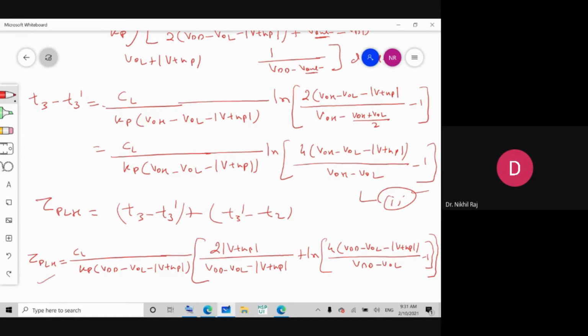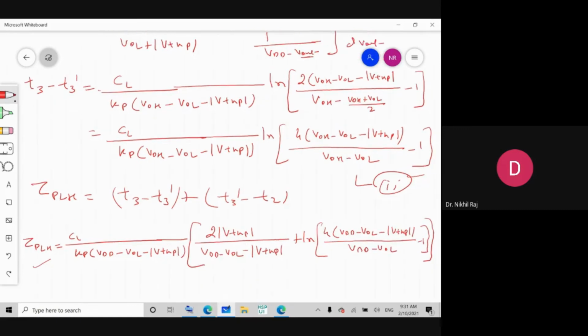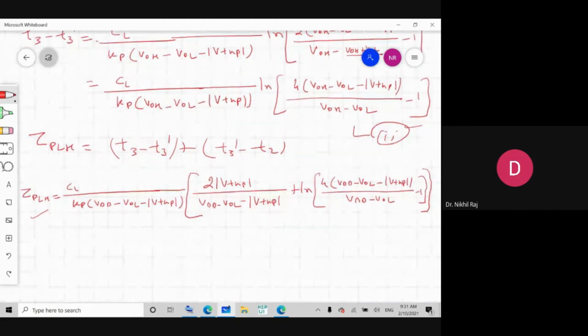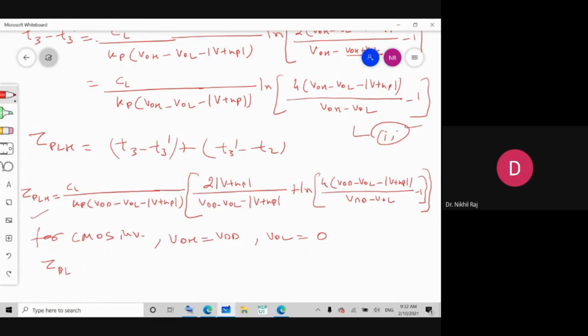Fine. Now we have to do the analysis. So let us recall the TP. Okay, let us write for the inverter case. For the CMOS inverter, what was VOH is equals to VDD and VOL was equals to 0. So those things will substitute, so the equation will be somewhat minimized.